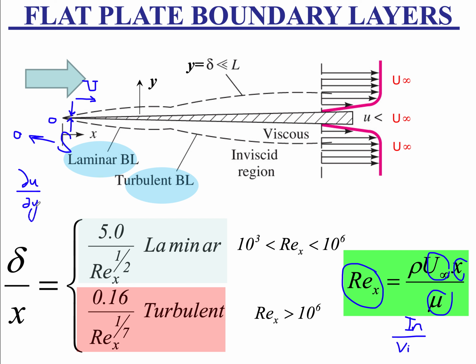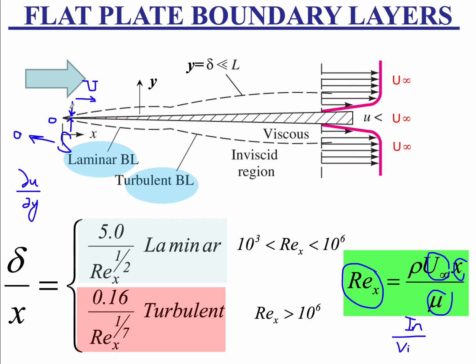Because delta is close to 0, my strain rate, u over delta, is very large. So my shear stress and strain rate close to the leading edge approach infinity.